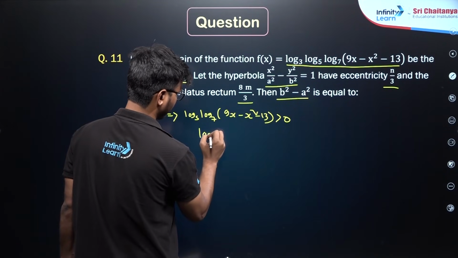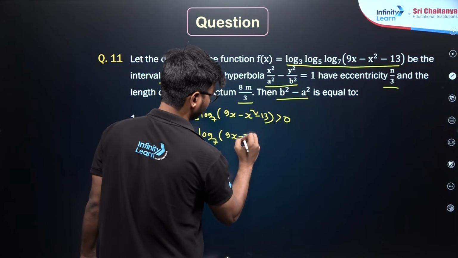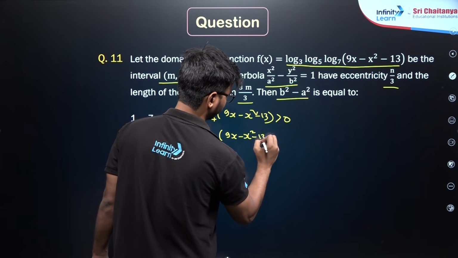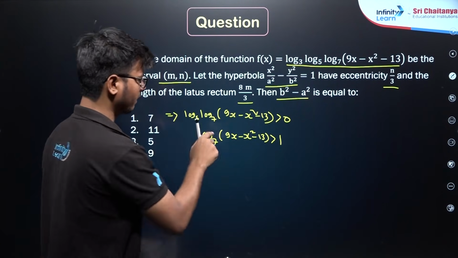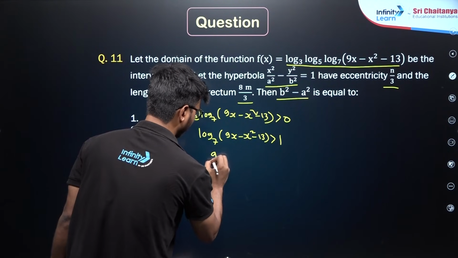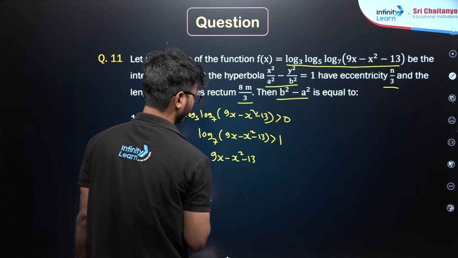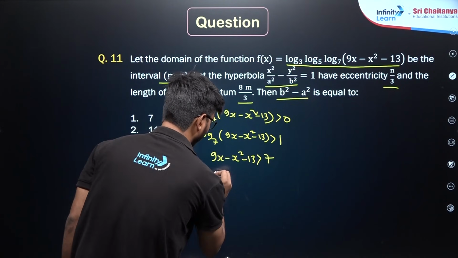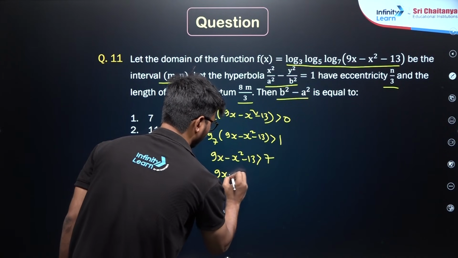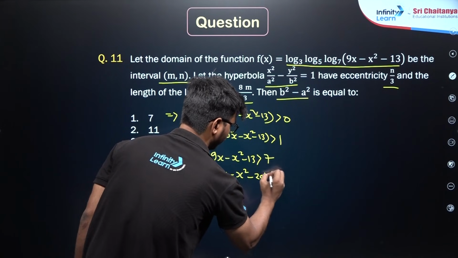Next we are going to have log to the base 7 of 9x minus x square minus 13 greater than 1, because 5 to the power 0 is 1. So it will be 9x minus x square minus 13 greater than 7, correct? So I am going to have 9x minus x square minus 20 greater than 0.